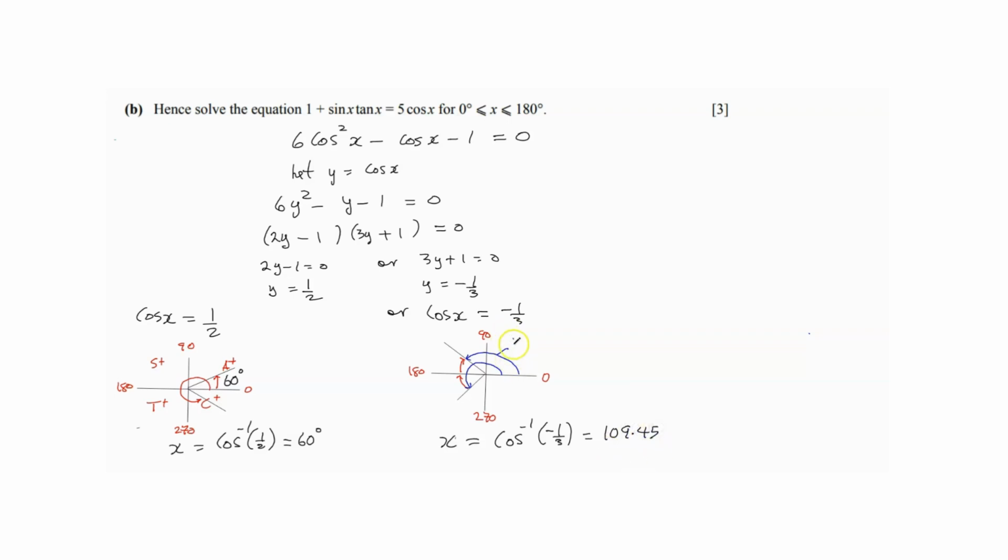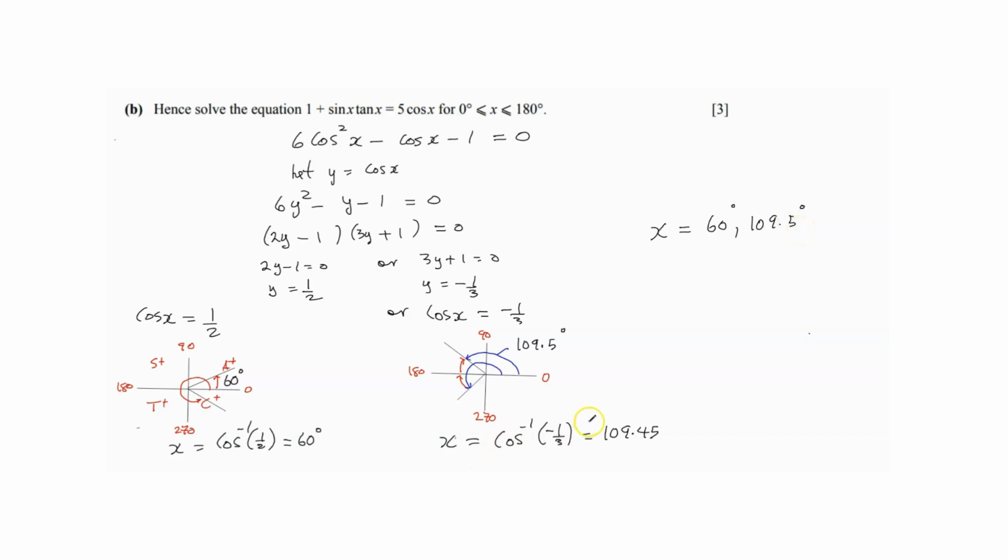Let's round it to 1 decimal place, 109.5 degrees. So the possible angles in the range between 0 and 180 would be 60 degrees and 109.5. So it means that x equals 60 degrees and also 109.5 degrees.